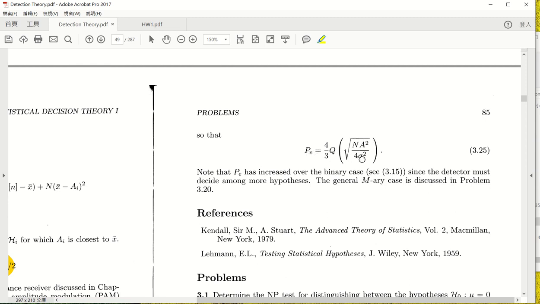And then sigma square is at the denominator. If you get a smaller sigma square, you get a larger factor overall, and now you are getting a smaller PE. Is it reasonable? Yes, because the noise is smaller, so you get a smaller PE. So it's all consistent with our engineering insight.